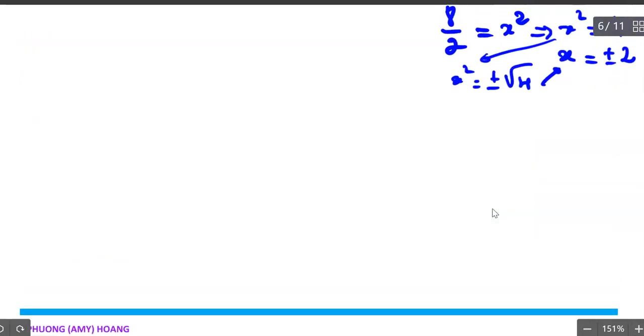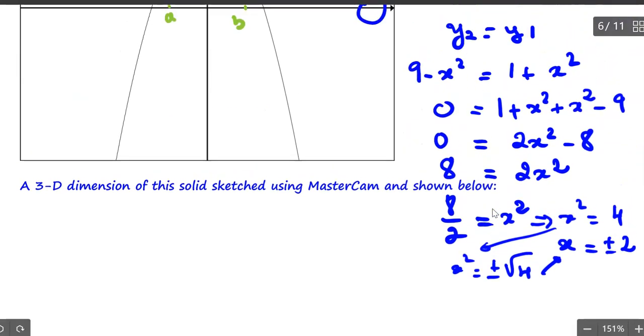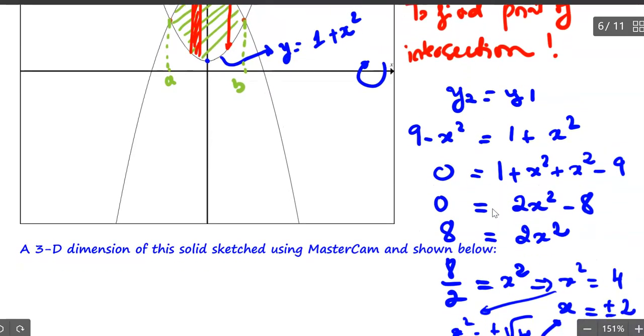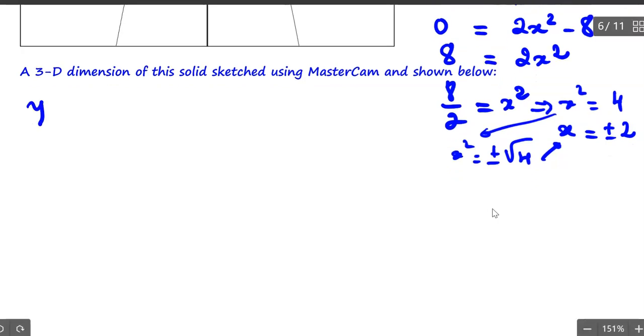Let me square the upper function and square the lower function, so we prepare ourselves for the integration process. Let's do y2 first, which will be equal to 9 minus x squared, all of it squared.